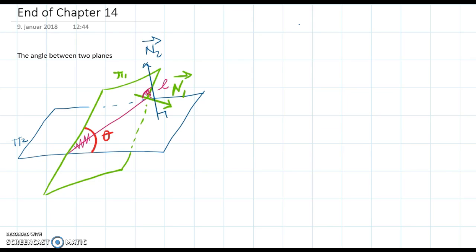To achieve this, what I'm going to do is a new picture where I'm seeing a side cut of the planes. So I see the plane pi2 exactly as a line, together with the vector n2 in blue.